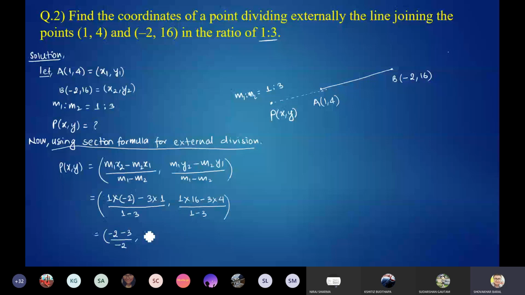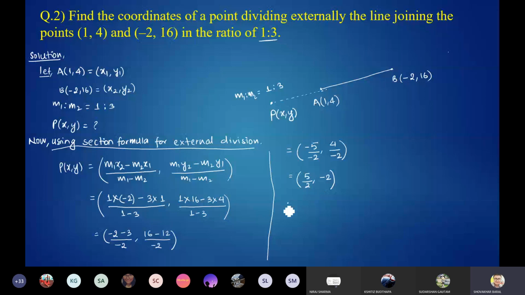Please pay attention. It will be minus 2 minus 3 is minus 5, minus 5 divided by minus 2, comma, 16 minus 12 is 4 divided by minus 2. So it will be equal to 5 by 2 comma minus 2.